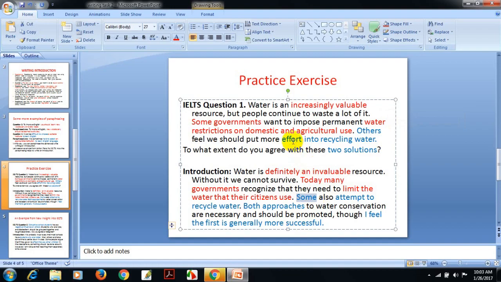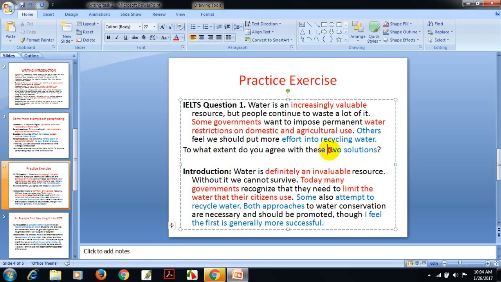And effort into recycling water is here. Effort into recycling water, that it tends to attempt to recycle water. Attempt to recycle water. And two solutions is written both approaches. If you write two solutions, what happens?